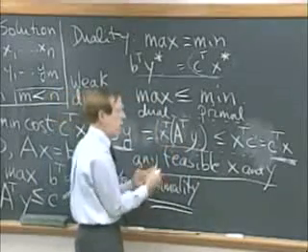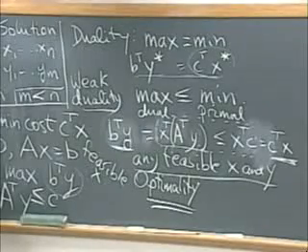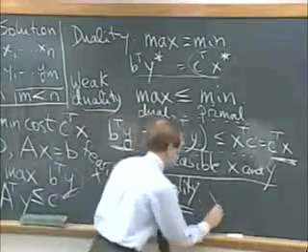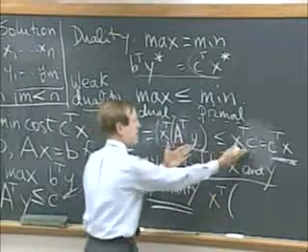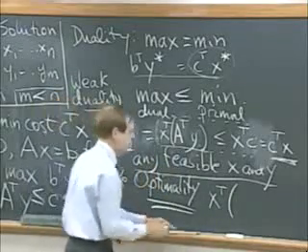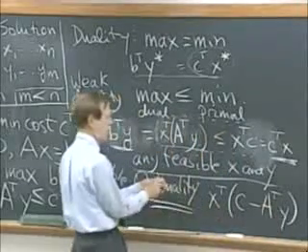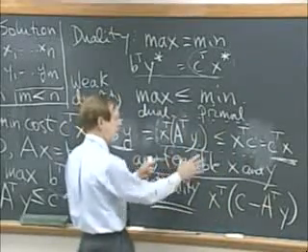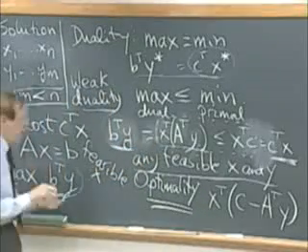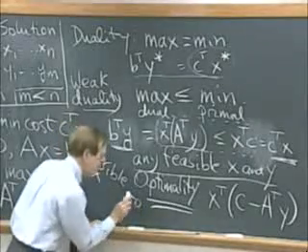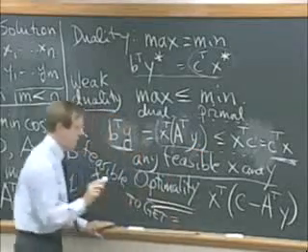But when will equality hold? x transpose times, now I'm just going to put them on the same side of the equation, times c minus A transpose y has to be what? Well, it's always greater or equal to 0 from feasibility, but to get equality, to be optimal.